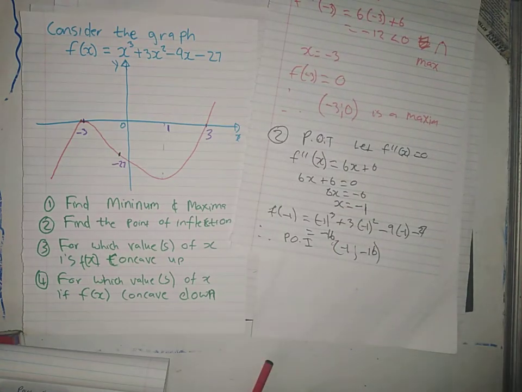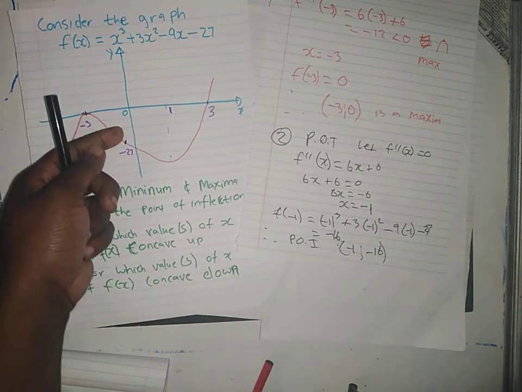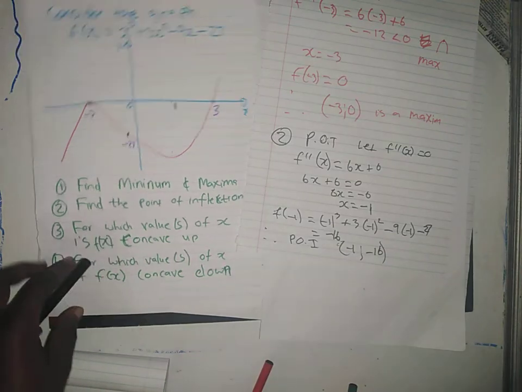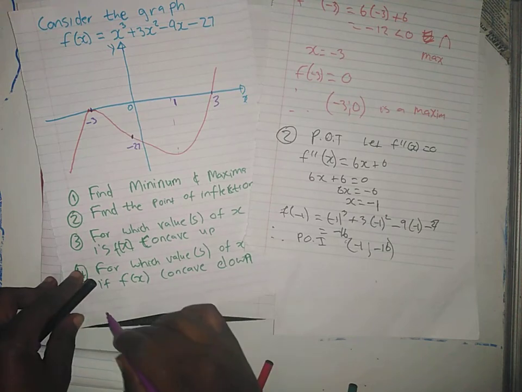So the only thing you need to do now is to answer. And how do you go about an answer? You will tell them that the values are less than minus 1. You just saw it in the graph.